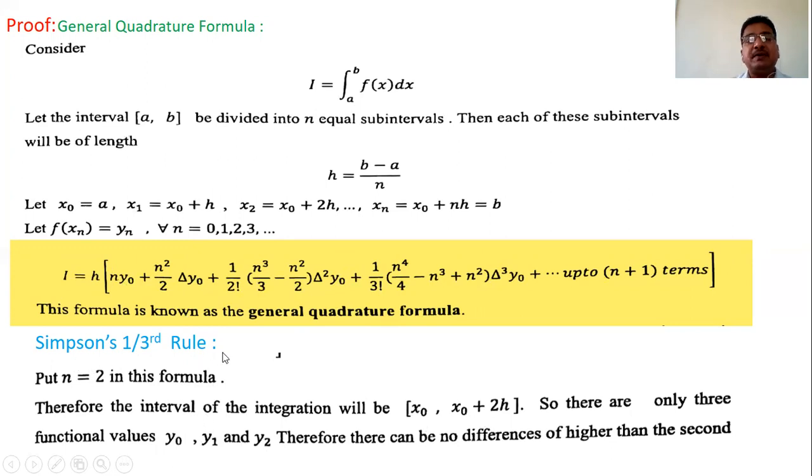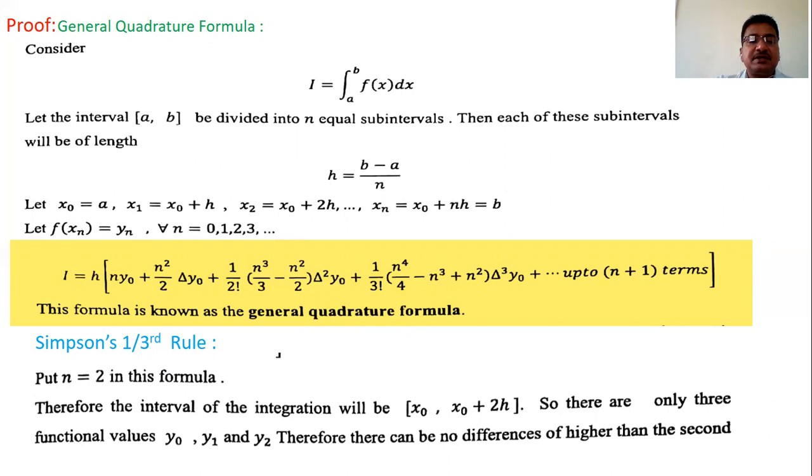And the next one is Simpson's 3/8 rule. In Simpson's 3/8 rule, we are going to take the integration over the first 3 intervals, then the next three. In this way, we take integration over 3 intervals at a time. So in the trapezoidal rule, we take the integration over single intervals.